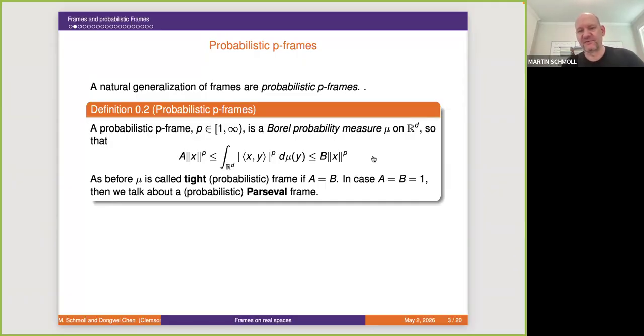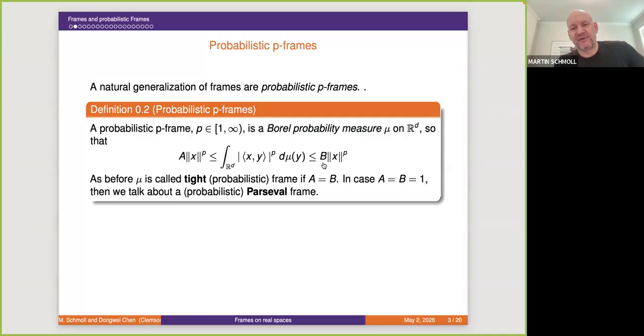But you see the condition is crazy. Basically the sum is essentially replaced by an integral and the vectors become a measure, okay? And so you have the same conventions. The tight probabilistic frame is A equal to B, and a Parseval frame if A equal B equal 1.